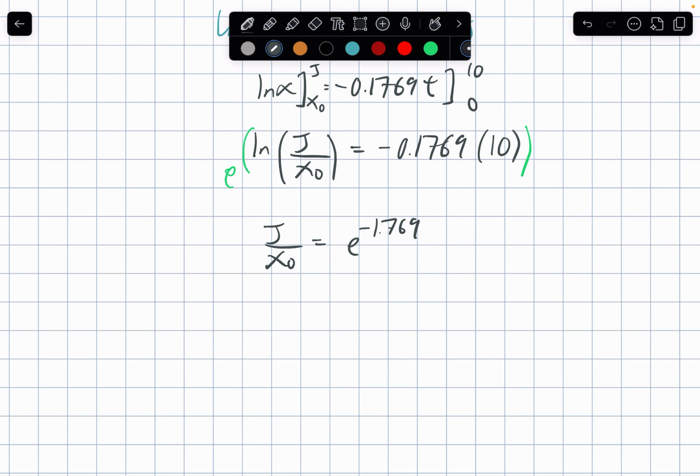What is the value of e raised to negative 1.769? So that's 0.1705.